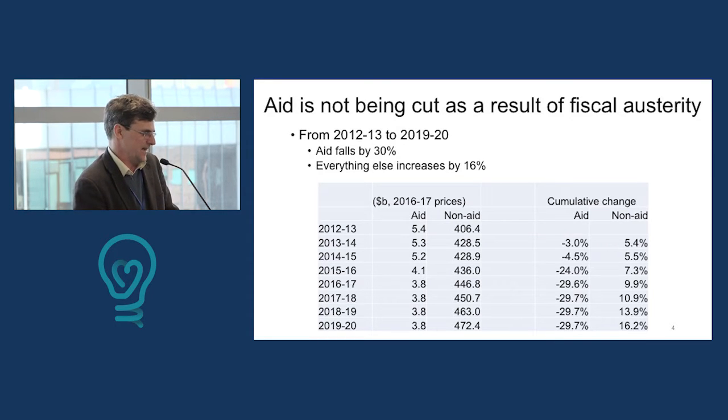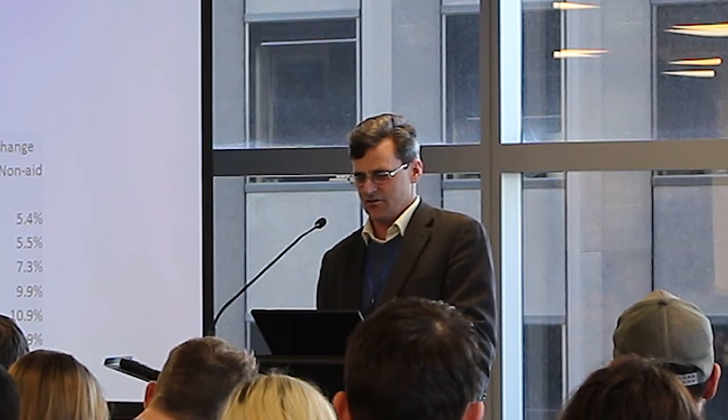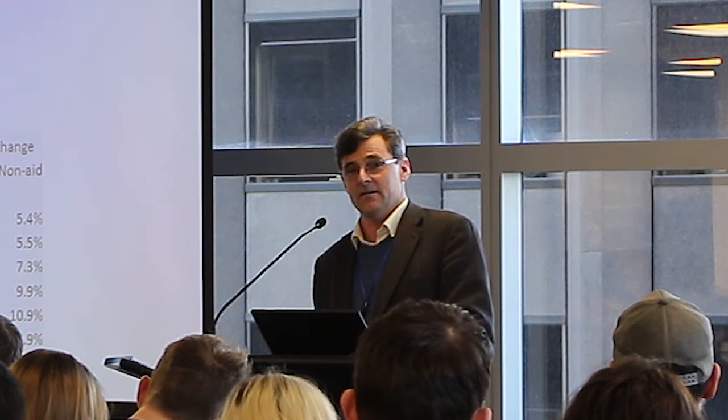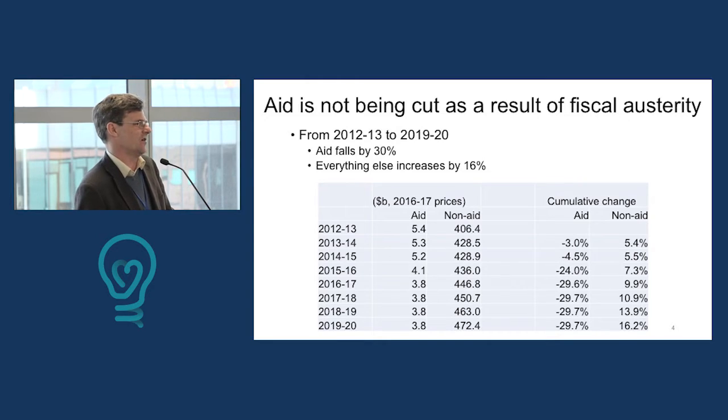But aid has been cut by 30%, almost one third, as I mentioned earlier, whereas non-aid spending has gone up. This is compared to when the coalition came in. This year, in 2016-17, it's gone up by 10%, after inflation, and it's scheduled to keep growing. So overall, we're seeing government expanding in line with the economy, but aid not.